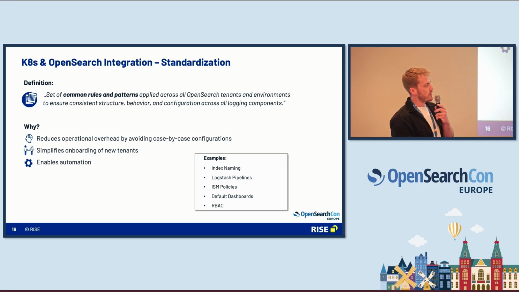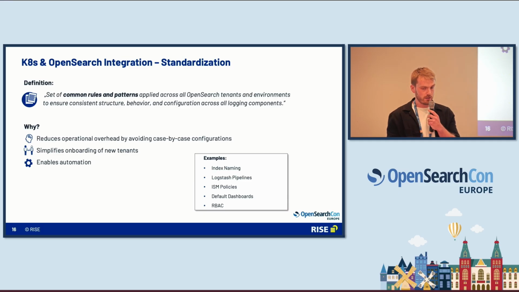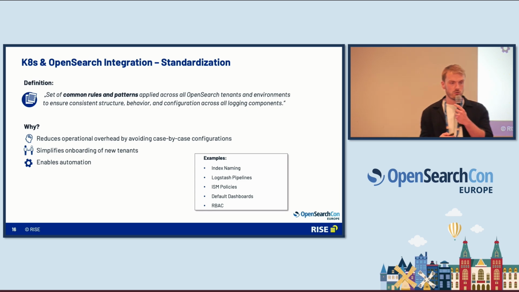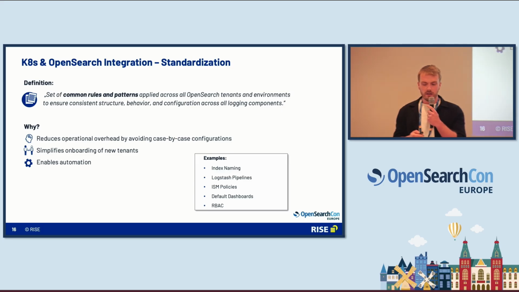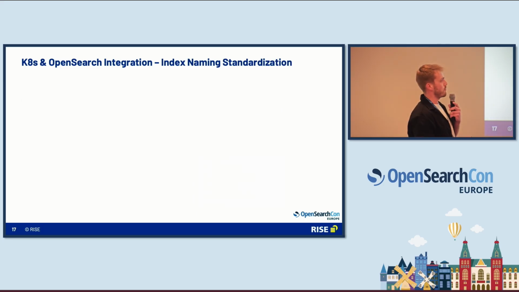Imagine if you have to think about index naming, Logstash pipelines, and ISM policies every time you onboard a new tenant. It will just give you a massive headache. Not only does standardization simplify the process of onboarding new tenants, it also enables us to automate most of it.